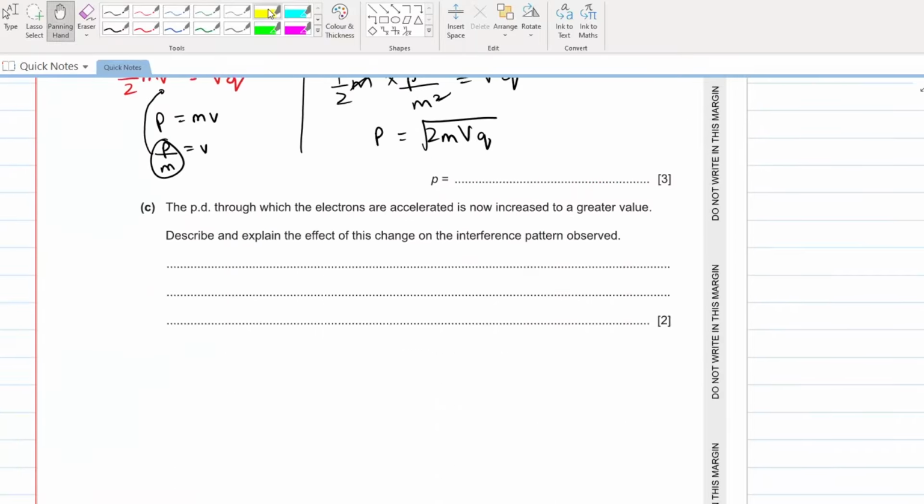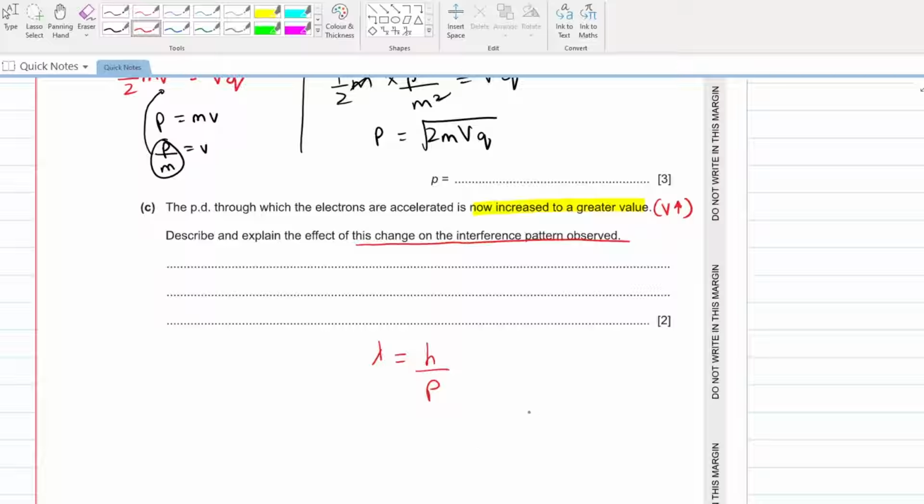Let's move ahead. The potential difference through which the electrons are accelerated is now increased to a greater value. So basically, you are increasing the value of V. Describe and explain the effect of this change on the interference pattern observed. If you increase the voltage, what will happen? You remember this, lambda is equal to h over p.